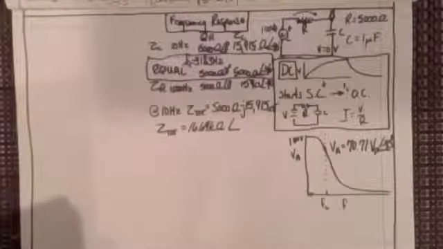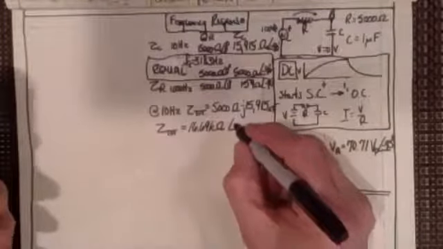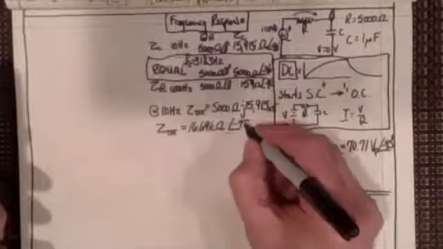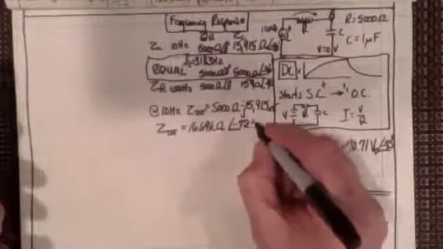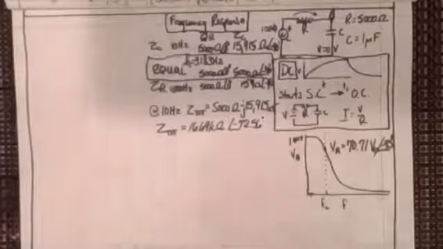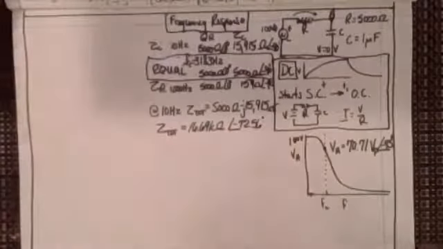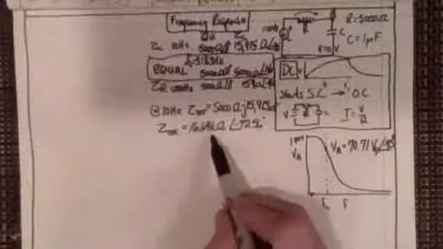Just a second. 15,915 divided by 5,000, and that quantity taken to the inverse tangent gives me minus 72.56 degrees. Okay, so 16.69 kilo ohms. Now that's a huge number, isn't it?